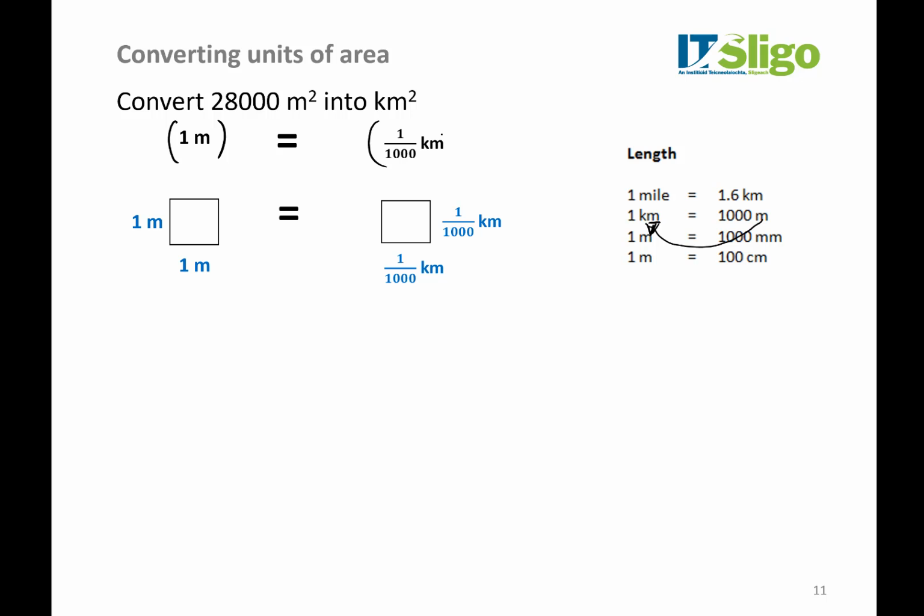We now want to establish the relationship. Well, 1 meter is 1,000th of a kilometer, so 1 meter squared. We can square both sides. Again, 1 squared is just 1. And we get this for the right hand side.